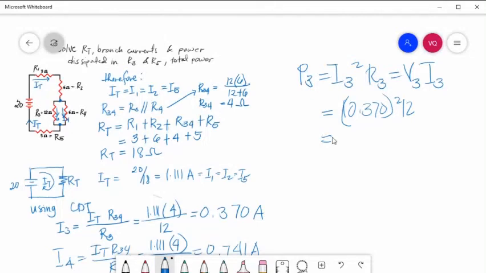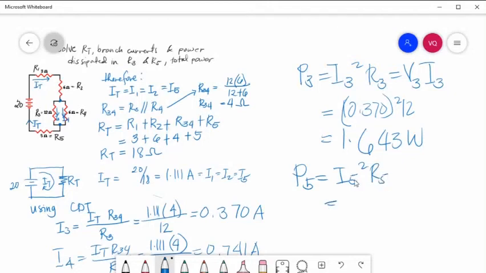So, 0.370 squared times 12. That is 1.643 watts. For P5, it is equal to I5 squared R5.